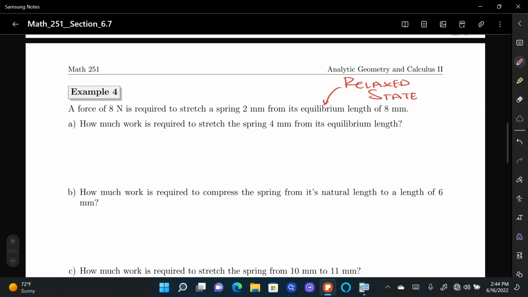So the spring is there, it's not being pushed, it's not being stretched, all right? It's not compressed, not stretched. Okay, the question is, how much work is required to stretch the spring 4 millimeters from its equilibrium length?